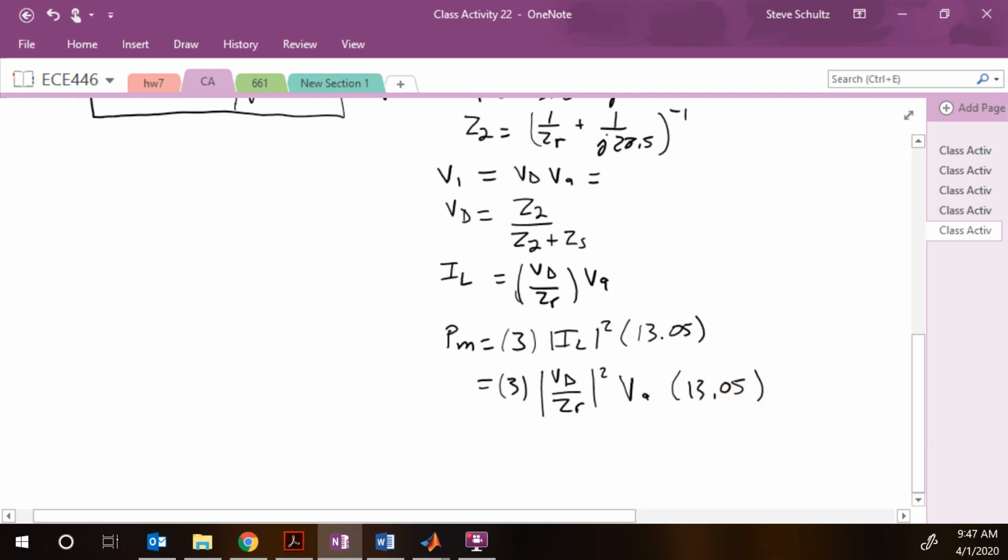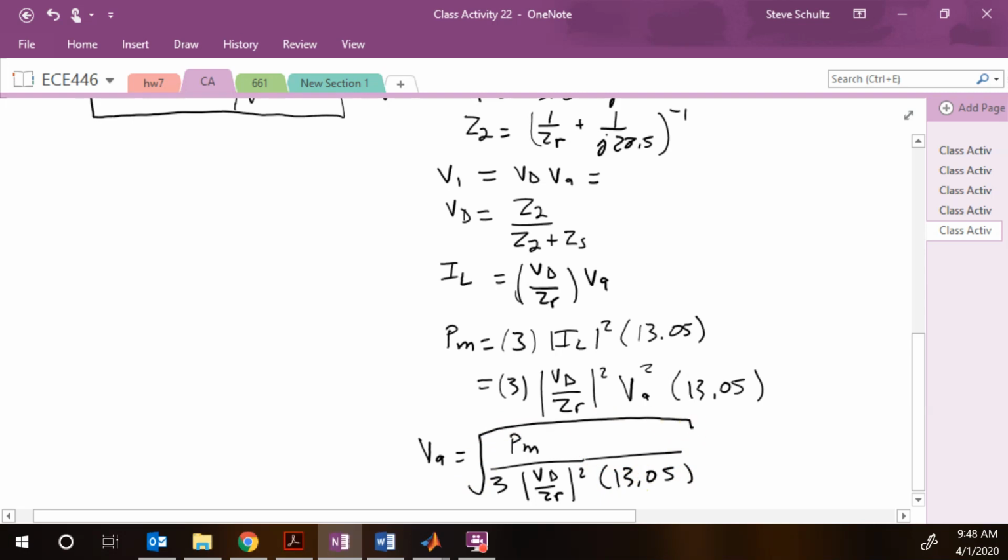And then we just solve, squared because our IL is squared. And then we can just solve for our VA. So our VA is going to be equal to our desired PM divided by 3 times the magnitude of VD over ZR squared times 13.05, and then we just square root the whole thing.